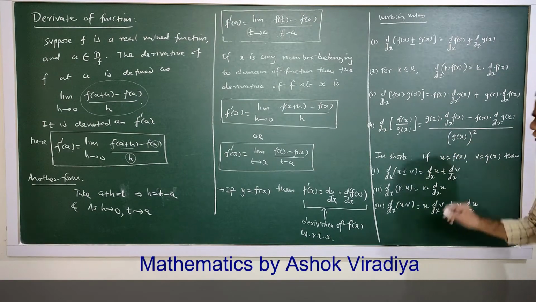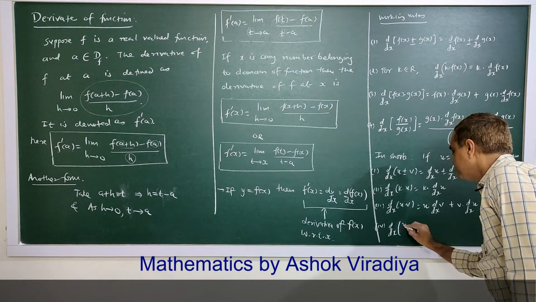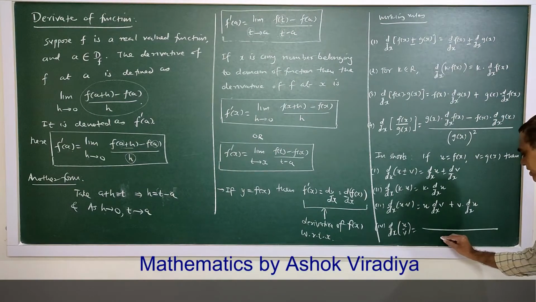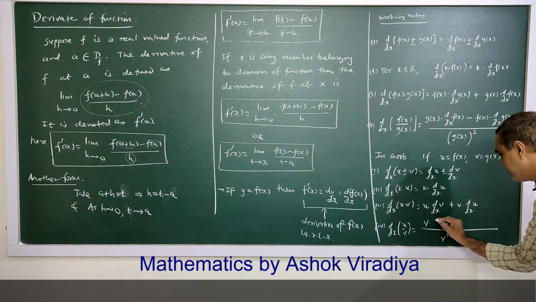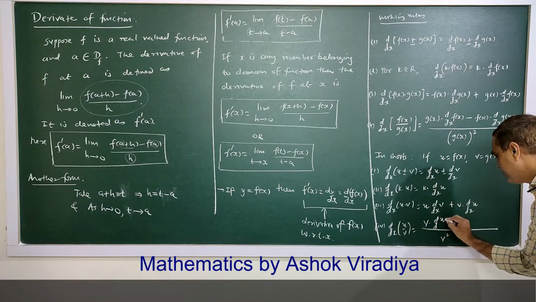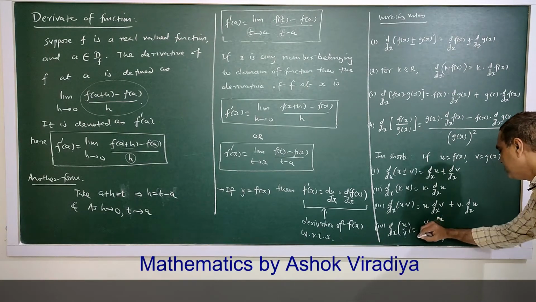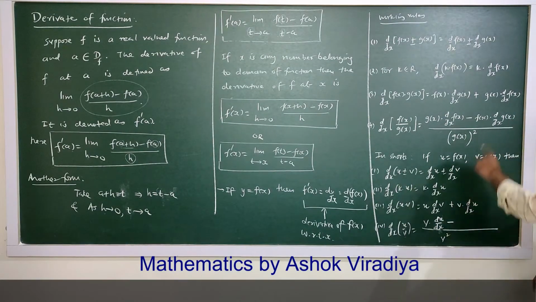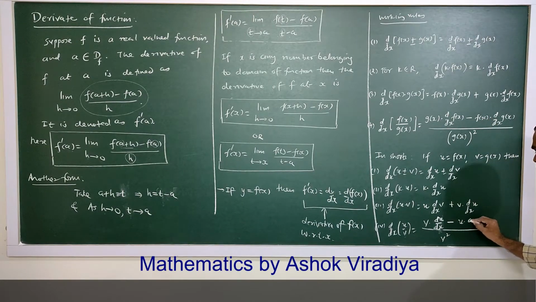And this fourth rule will be d by dx of u upon v, that is put here v square, as v is in denominator, v square, v as it is derivative of u, du by dx, then minus u as it is dv by dx.